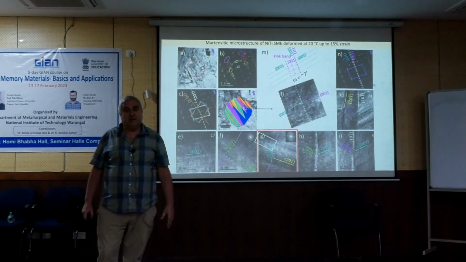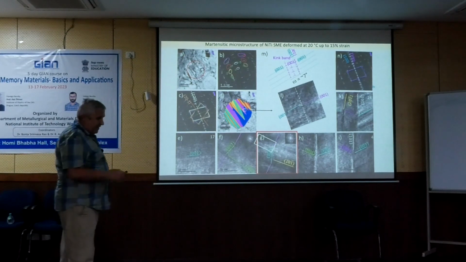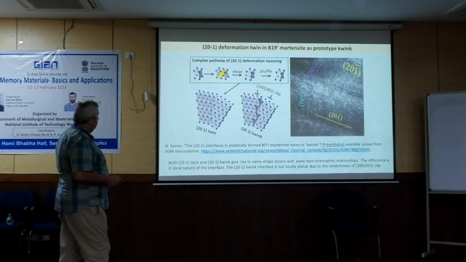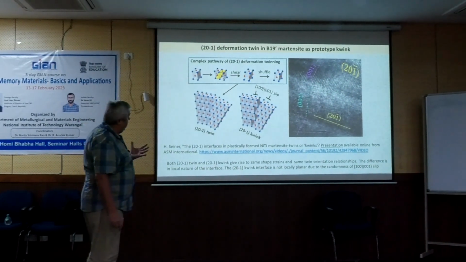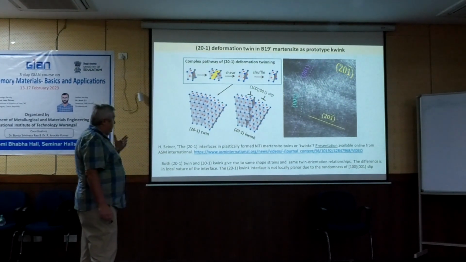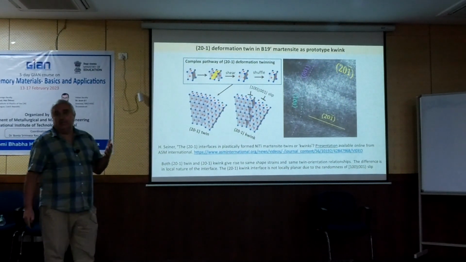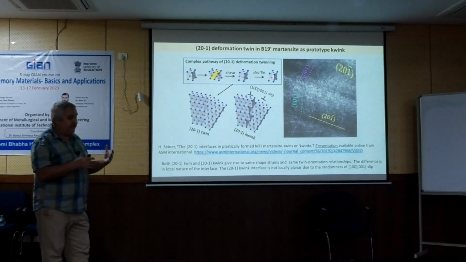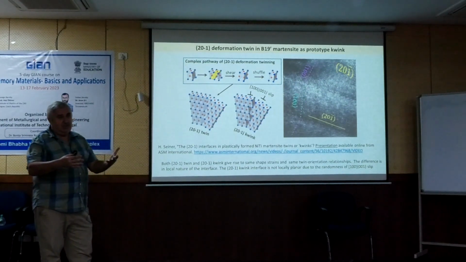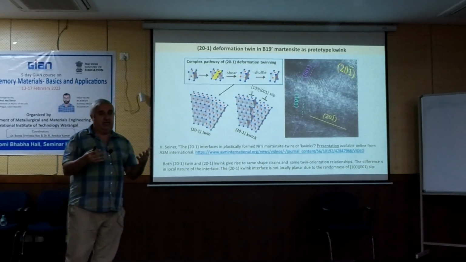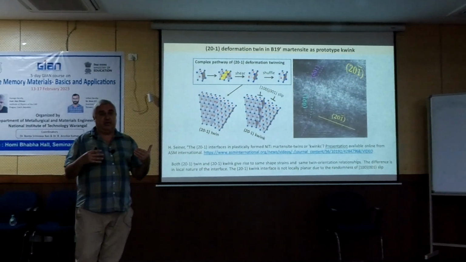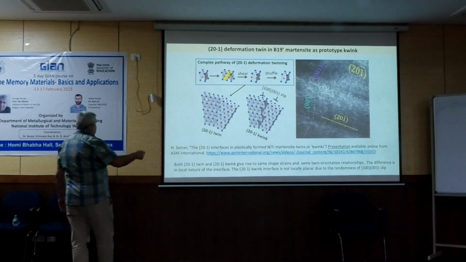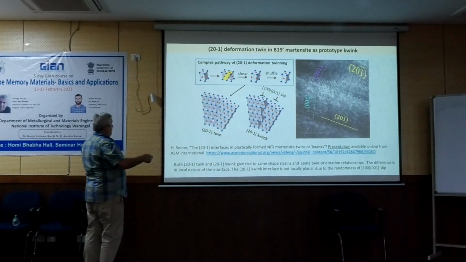But then we continued to work along this direction, and we came to a very logical explanation. So these interfaces which you have seen before were created by plastic deformation. Plastic deformation can proceed by twinning, and this is now generally known in the field. So this (20-1) twin is a twin which can be created by deformation twinning.